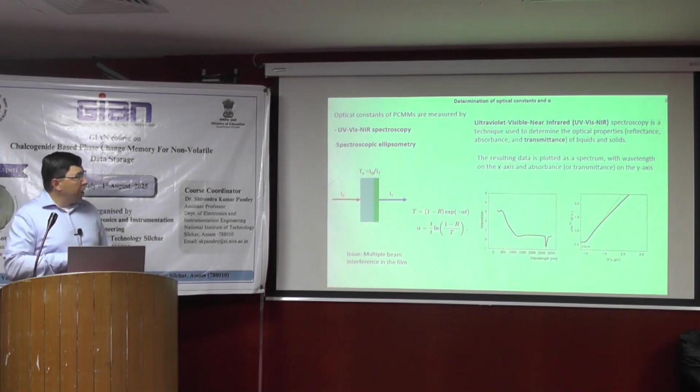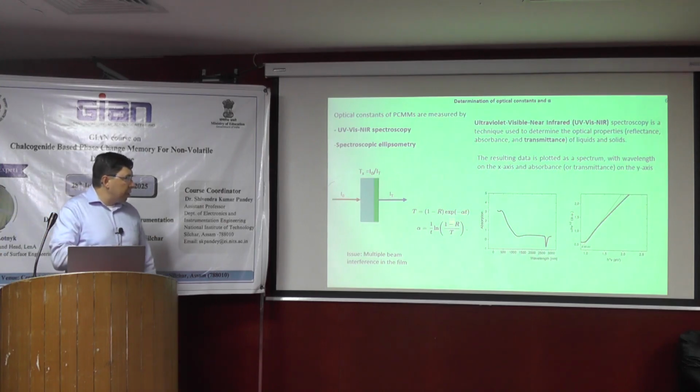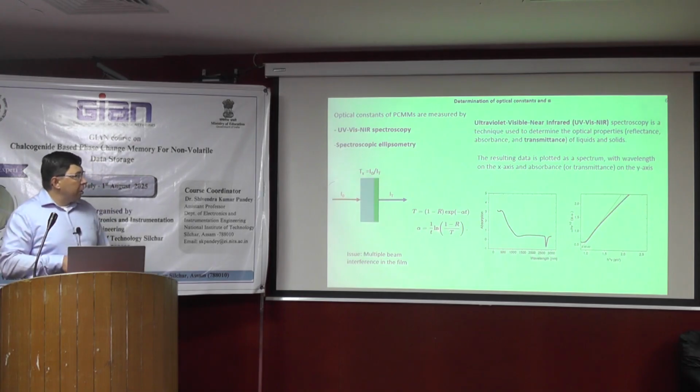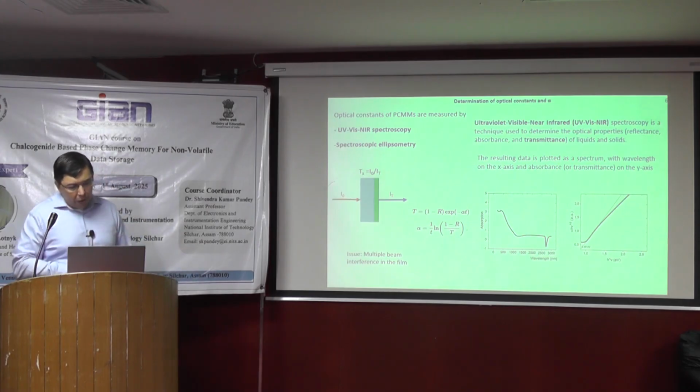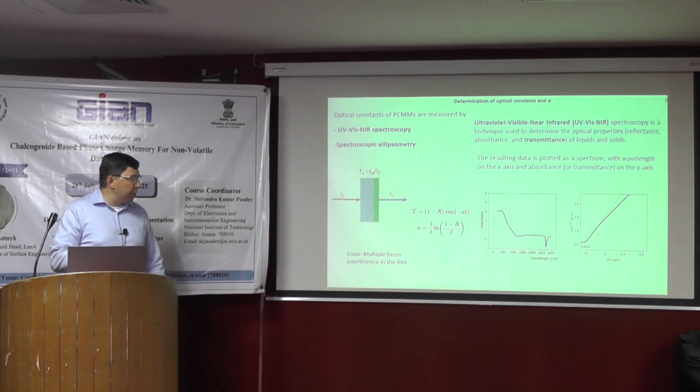This transmission is defined as 1 minus R, times exponential minus alpha t. R is the reflection, as I said. From this you can rewrite it and find the absorption coefficient, and then you can calculate the band gap and the extinction coefficient k.